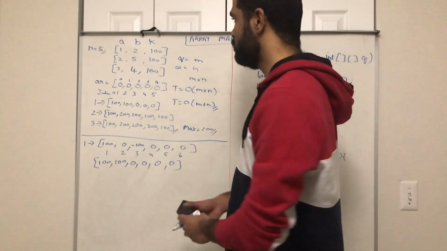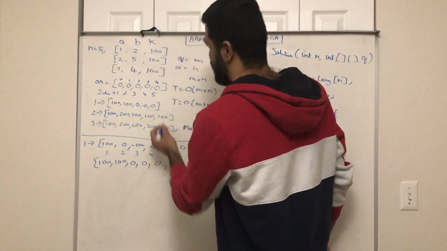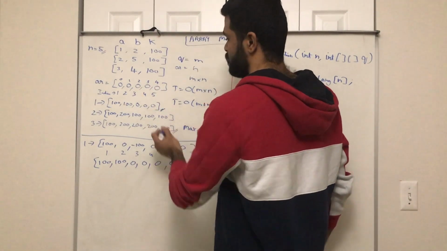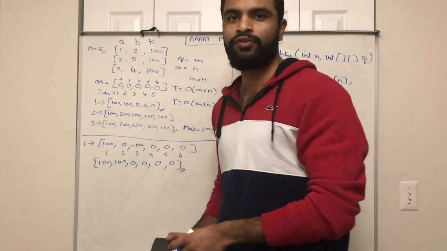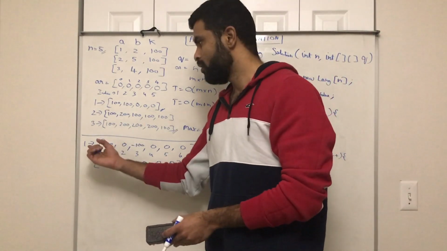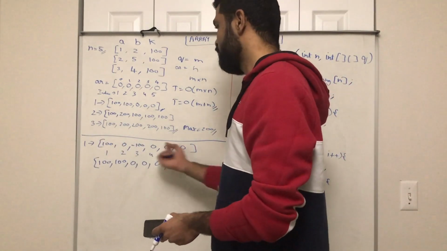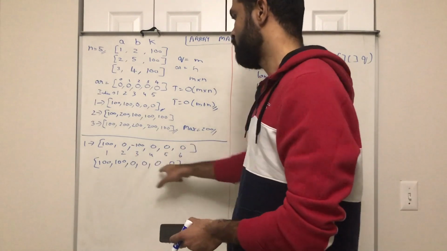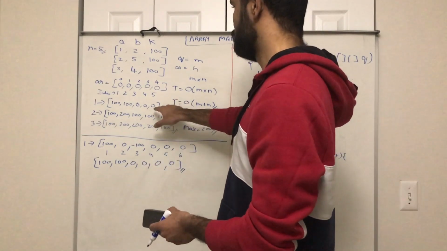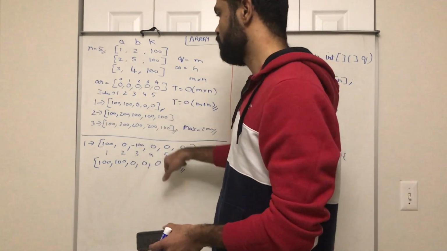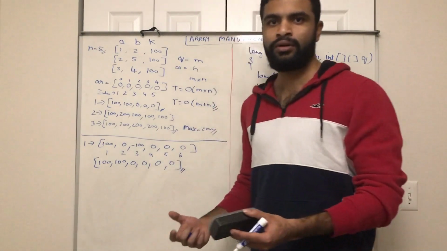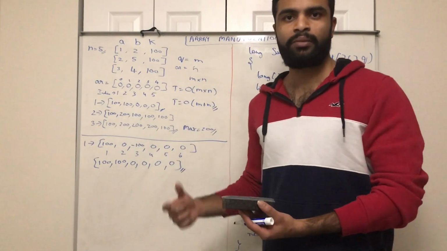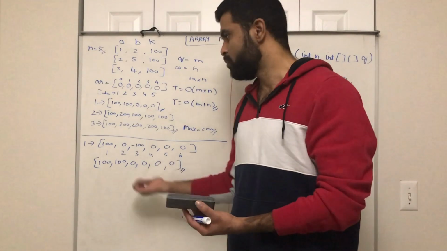So here if you can see, this query is matching this query here. So after applying the prefix sum array for this array, I'm getting the array as like this, which is equal to this array here. So they both are matching. That means by applying prefix sum, I'm getting the same array.